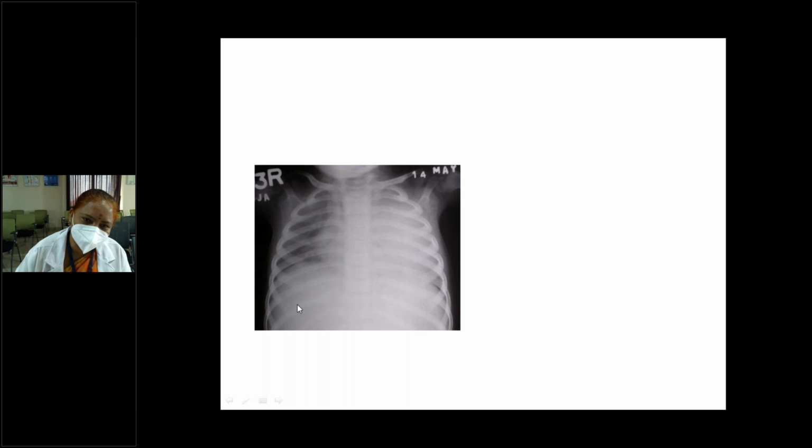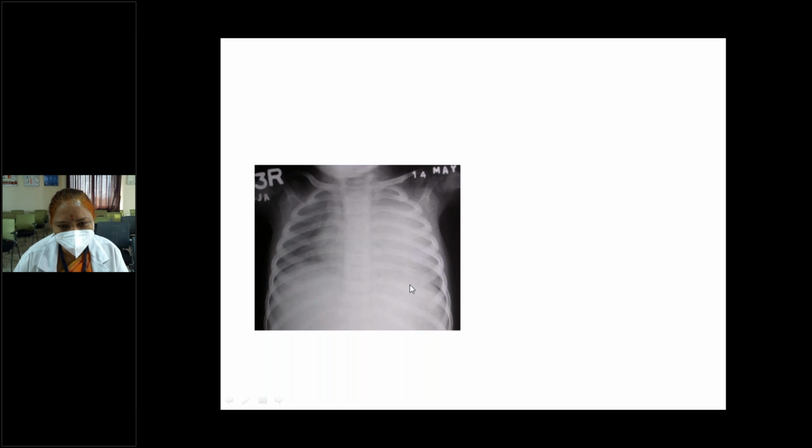I also have to mention which part. The right lung is visible, and the right side heart border is here. The left side heart border is not visible. The costophrenic angle is not clear.